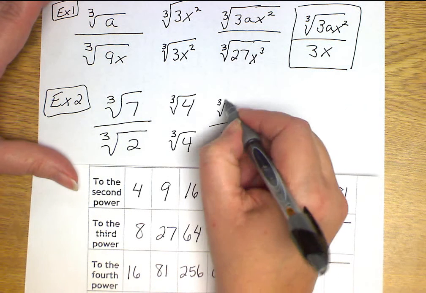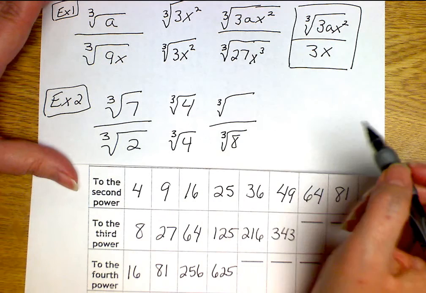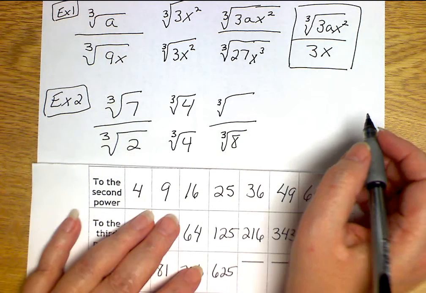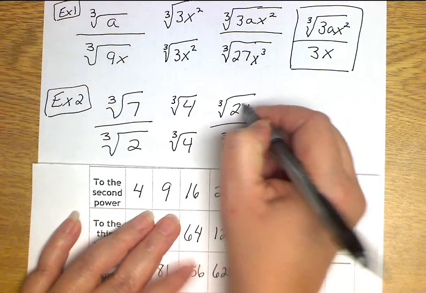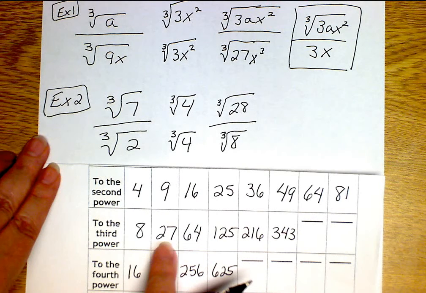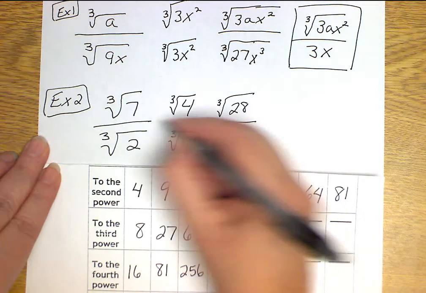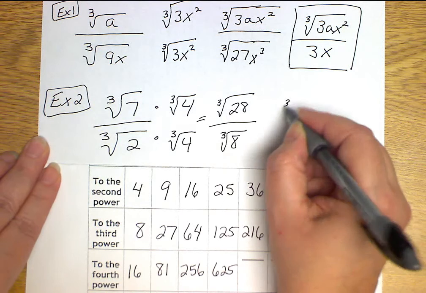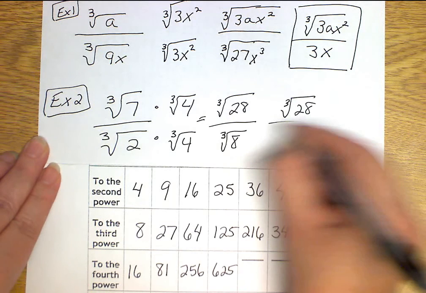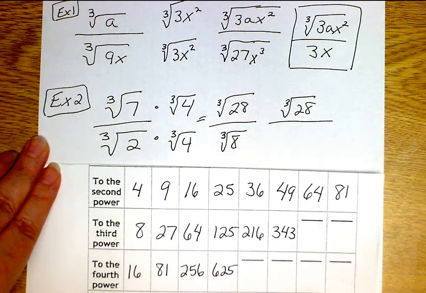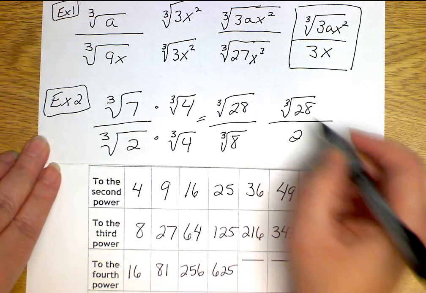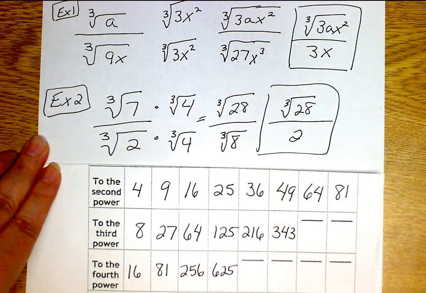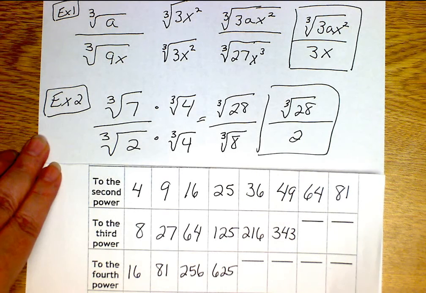And then you have 7 and 4, which gives me 28. The cube root of 28, it's not perfect, so it's done. The cube root of 8 is 2.